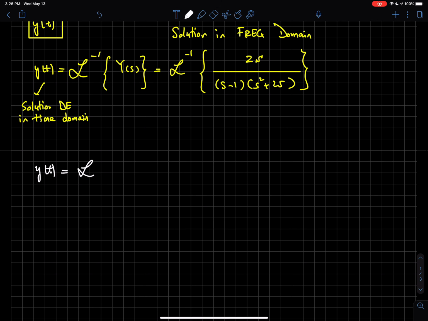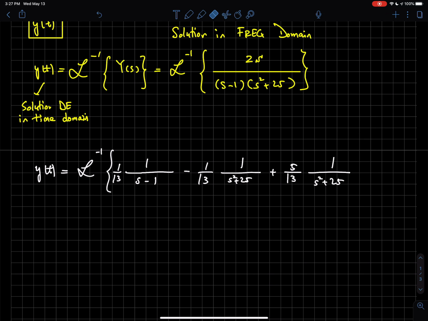And if I break this apart, I've done partial fraction decomposition here, so it'll be 1/13 times 1 over s minus 1, minus 1/13 times s over s squared plus 25, and then ultimately I get plus 5/13 times 1 over s squared plus 25. So I'll let you write that down.